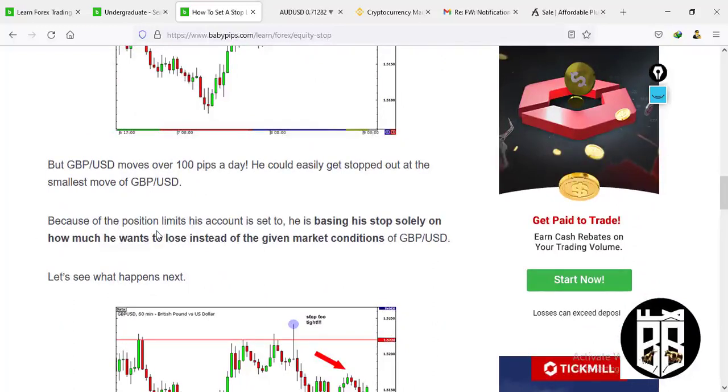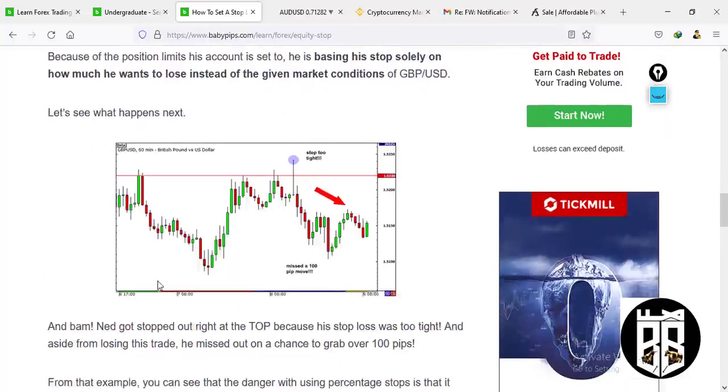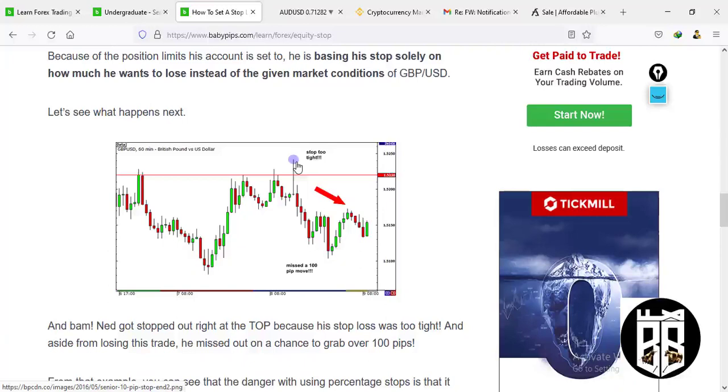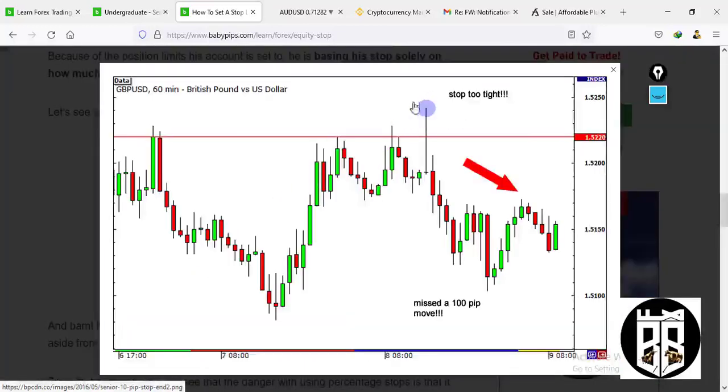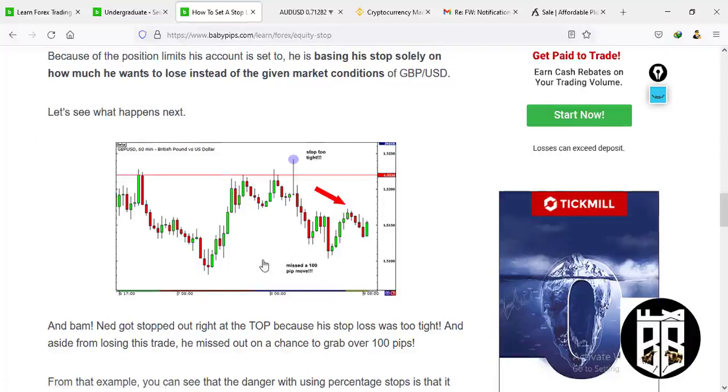Because of the position limit this account is set to, he is basing his stop solely on how much he wants to lose, instead of the given market conditions of GU. So let's see what happens. There is a huge spike up, he was stopped out, and the market moved down in his favor.